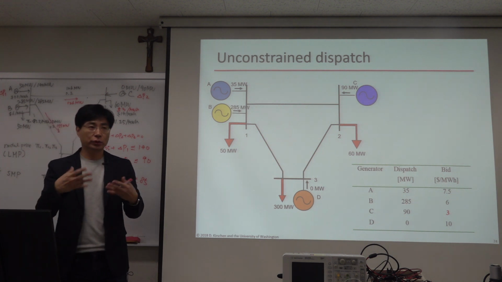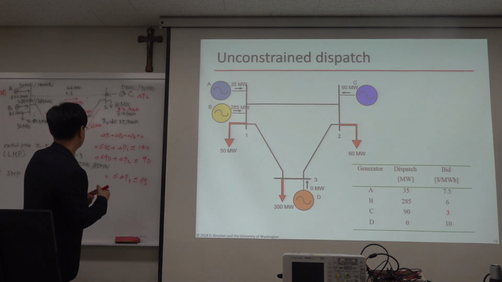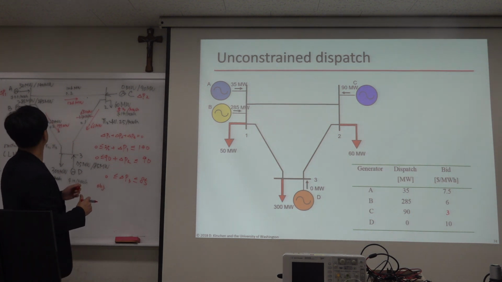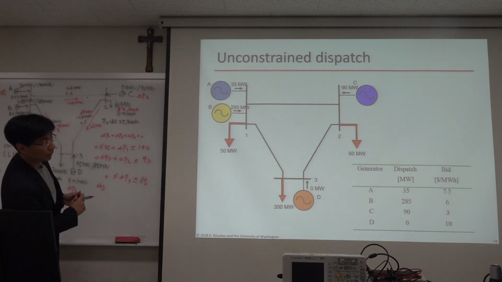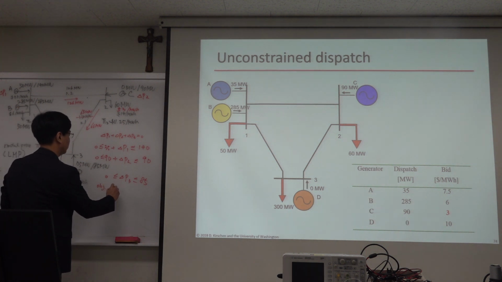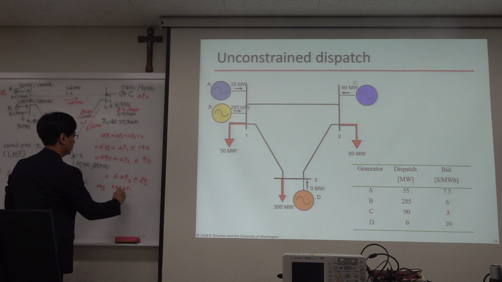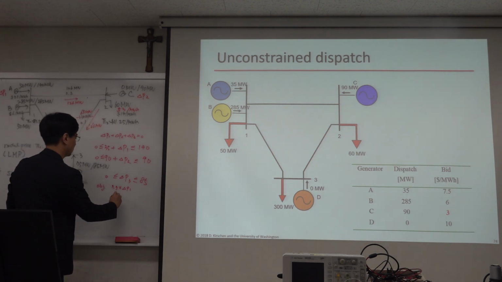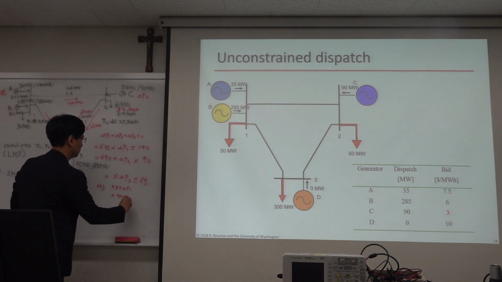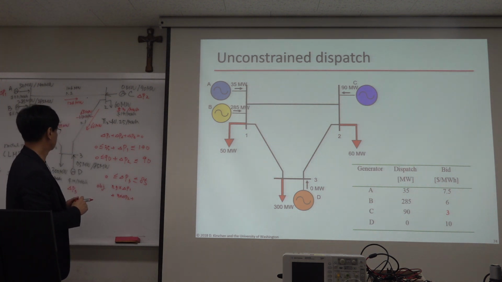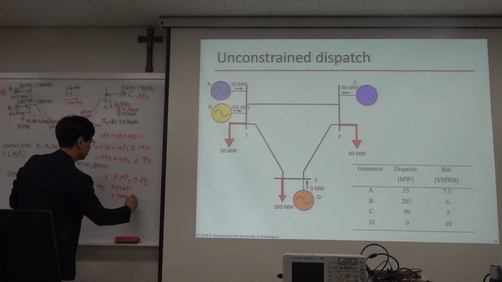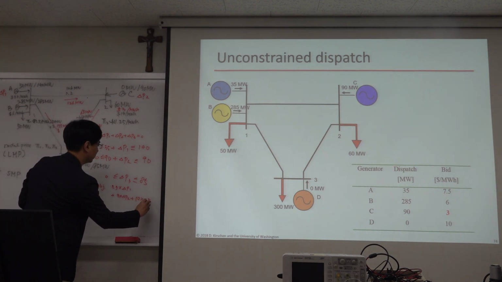The additional cost should be minimized. Okay. So your objective function is marginal cost 7.5 times delta P1 plus 3 times delta P2 plus 10 times delta P3.